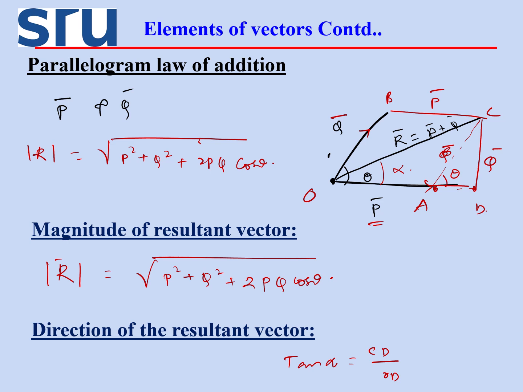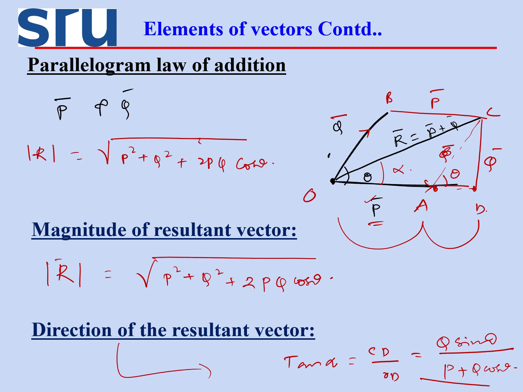CD equals Q sin theta, and OD is OA plus AD, so it is P plus Q cos theta. Therefore tan alpha equals Q sin theta divided by P plus Q cos theta. This is the direction of the resultant vector.